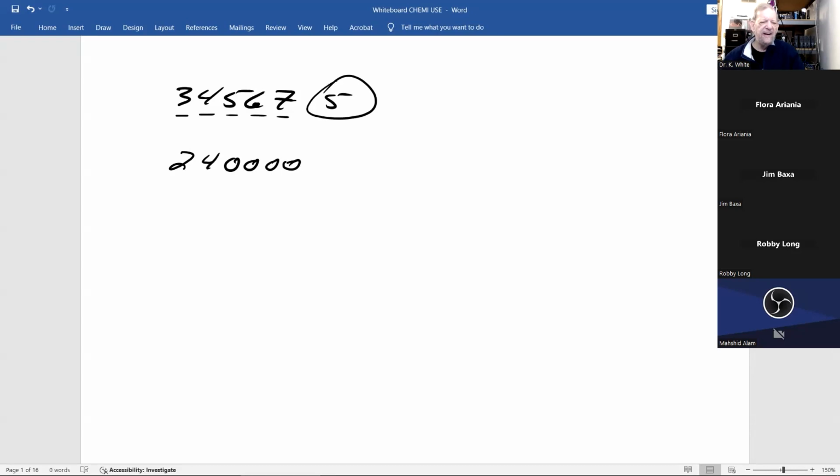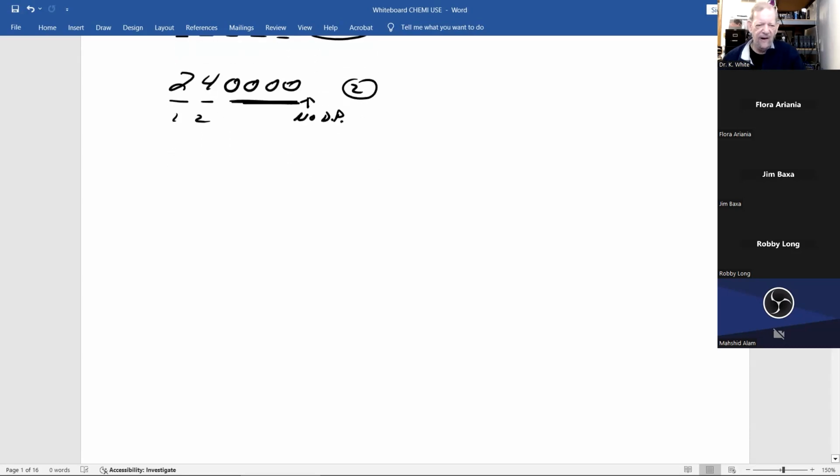And I'll do it. All non-zero numbers are significant. Zeros at the end with no decimal are not. So this would have 1, 2. This would have 2 significant figures. All right.